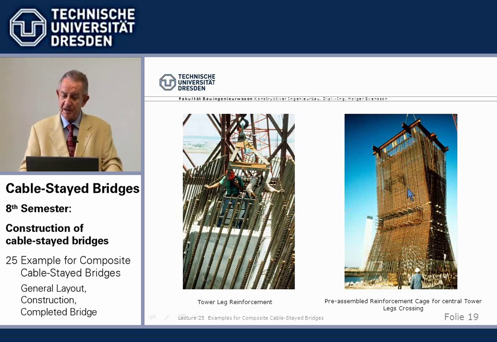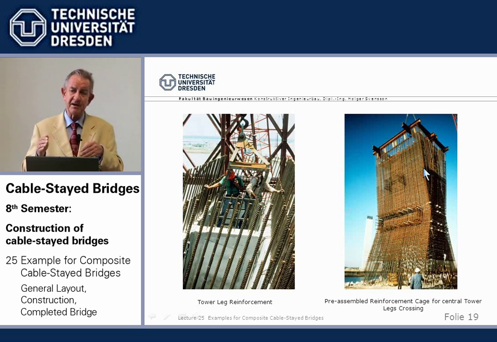But it was the cage, the reinforcement cage, 200 tons weight or something, was prefabricated on ground and lifted up in place, and then we used special graded aggregate, not the usual 0 to 32 millimeters, but 0 to 16 millimeters, special design, plus super plasticizers, which makes the concrete really good flowing, and it worked.